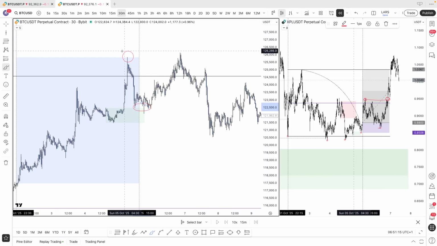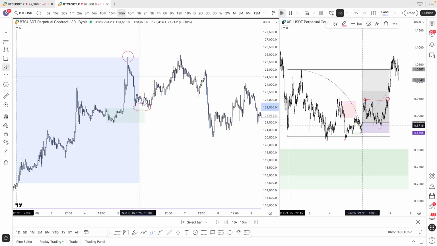So despite being semi-counter, if we are at least at a local, decent looking POI, the chances increase of our B setup playing out. So in this case, we can see that price was at a local POI at the moment of entry. As you can see right here, we had that local bounce as right here we established that break of structure confirmation.